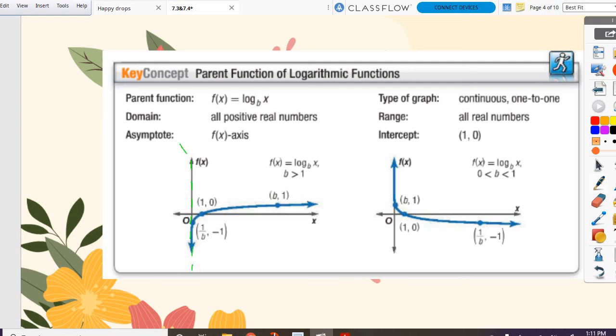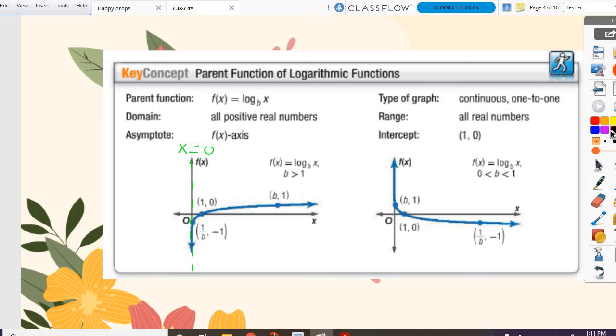So we have an asymptote at x equals 0. So that means that my graph, recall, is getting closer and closer to my y-axis, but it will never quite reach it, okay? And this is going to be an important thing, because what that means is that I'm going to have a domain restriction.